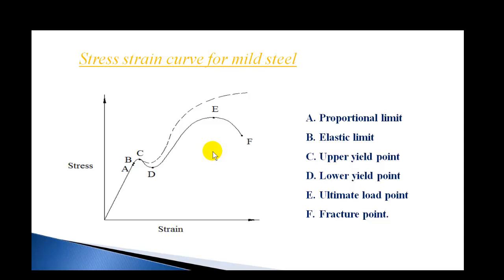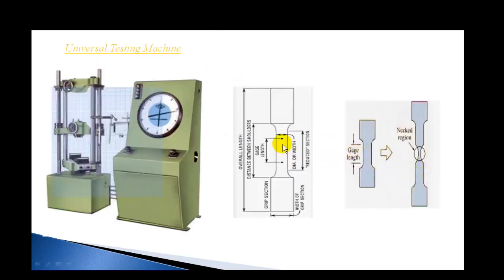Nominal stress strain curve means stress is calculated based on the initial area of the specimen. Initial area means we are not considering the neck formation and reduction in area. Taking the original area, load divided by this area will give the stress.